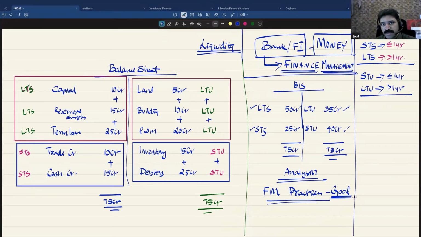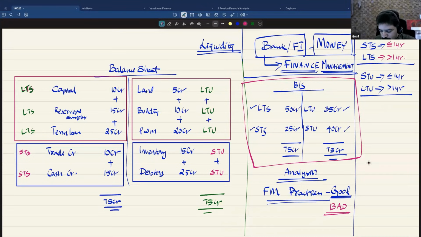They'll not be interested in giving money to those who have bad financial management practices. But how do they come to know whether a business has good or bad financial management practice? Just by compressing their balance sheet into a simple box. This simple box will tell them whether they are following good or bad financial management practice.